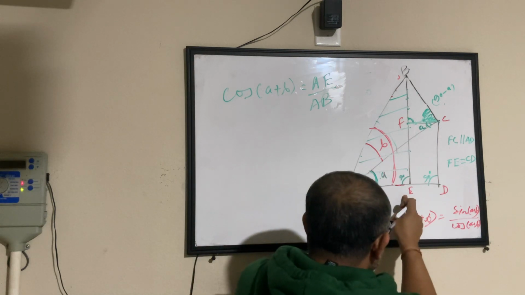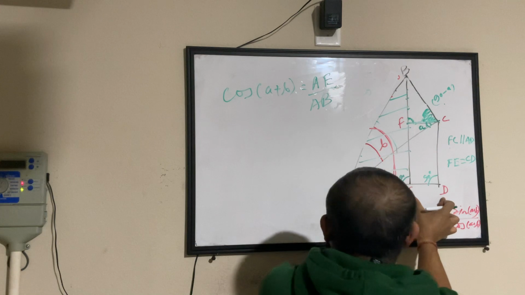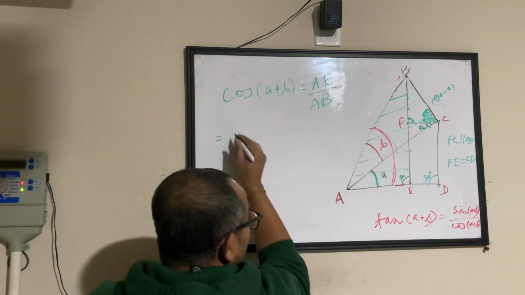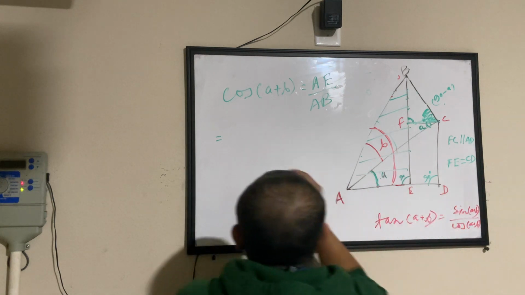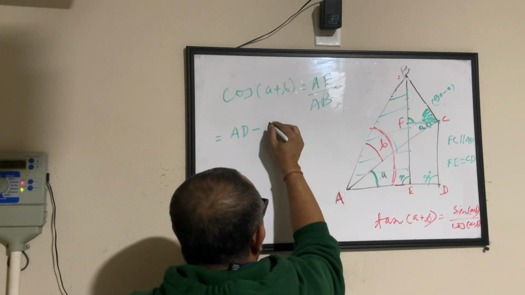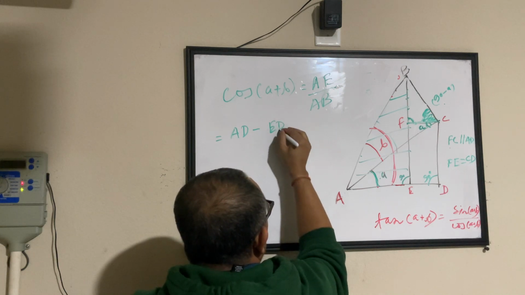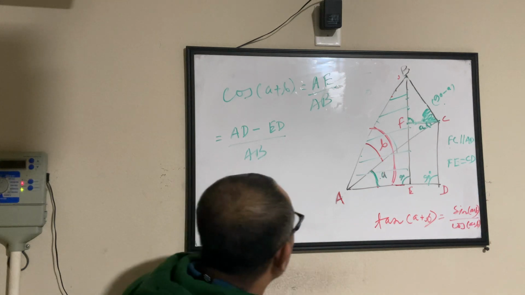Now this AE is nothing but this length minus this length. So instead of saying AE, I can say AD minus ED, divided by AB. Same thing.